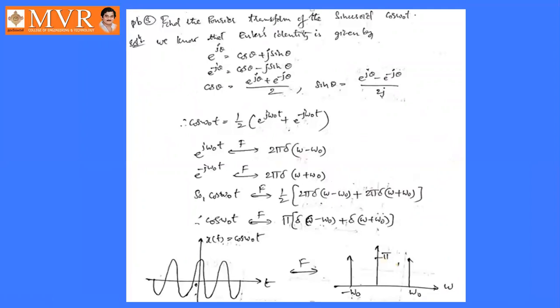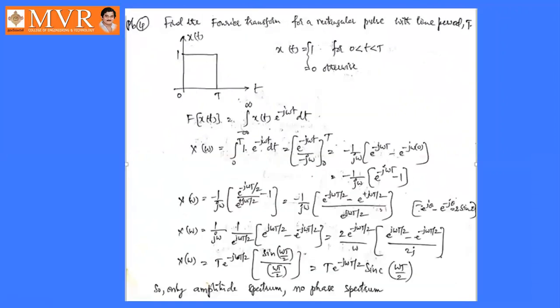By subtracting the e power minus j theta expression from the e power j theta expression, we get the expression for sin theta. So the Fourier transform of cos omega naught t is pi into delta of omega minus omega naught plus delta of omega plus omega naught.